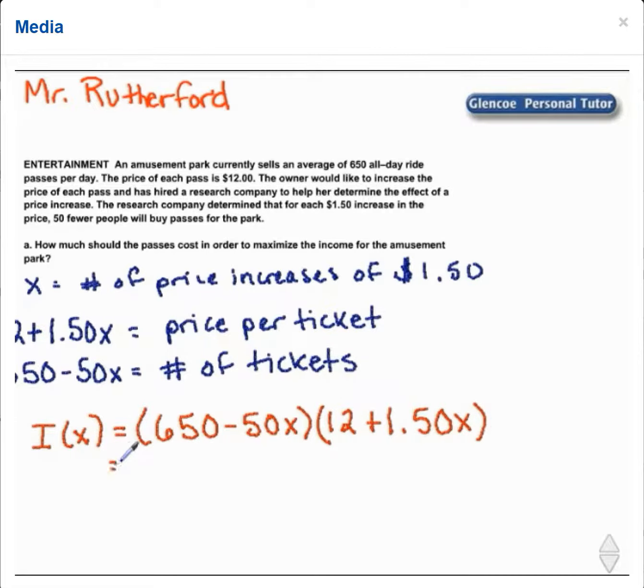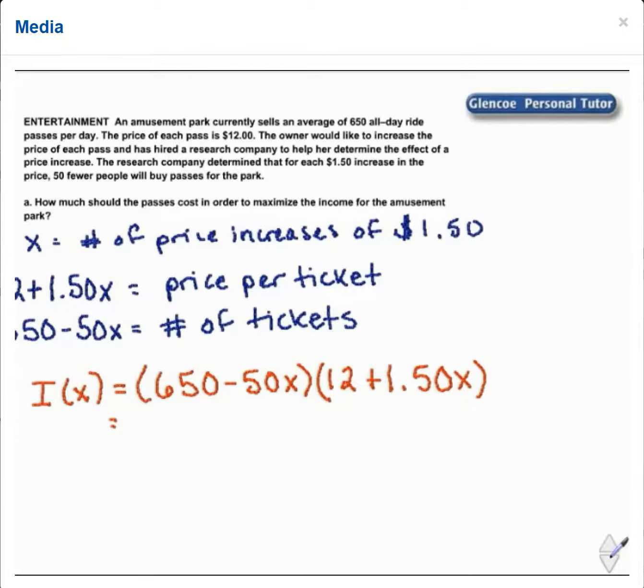Now we're going to go ahead and simplify this. So we will have 650 times 12 plus 650 times 1.50x, and let's put that as a minus since we have a negative 50x.